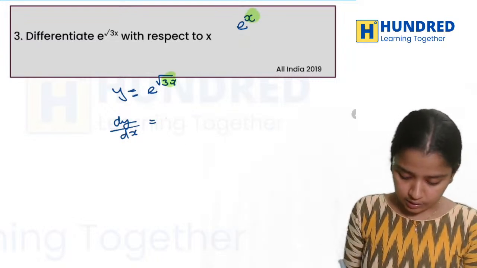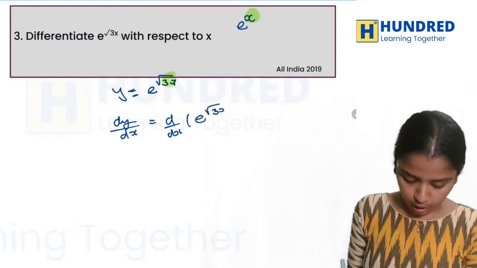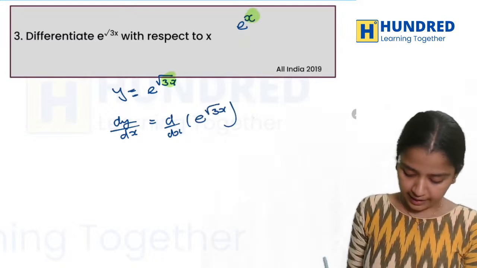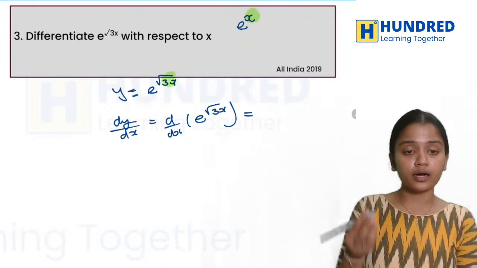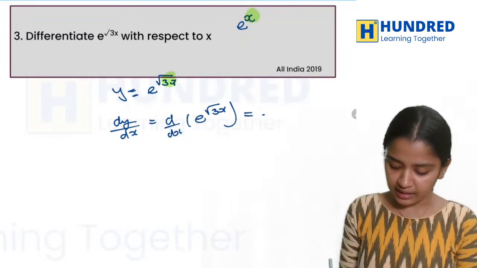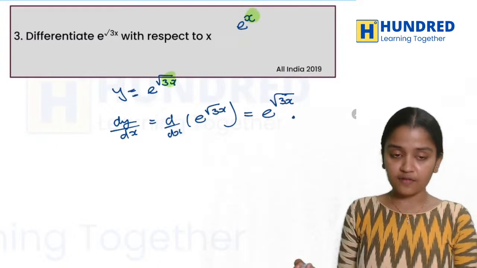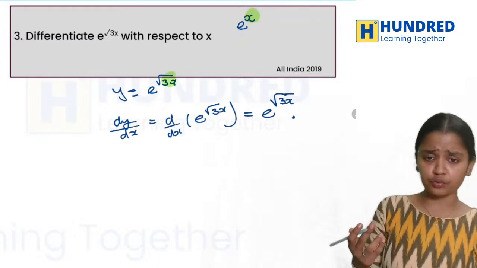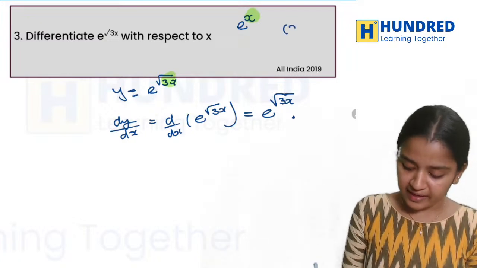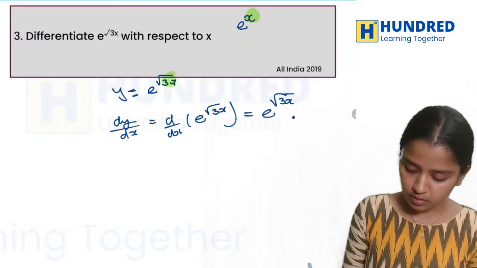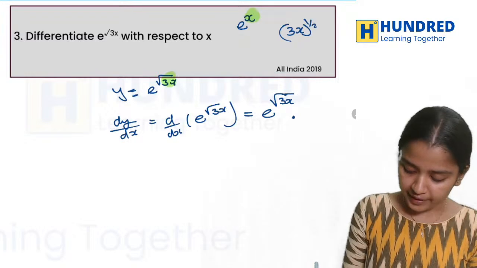So it will be d by dx of e power root of 3x, which is e power root of 3x. Now again I have to do it. This root 3x, I can take as 3x power 1 by 2.